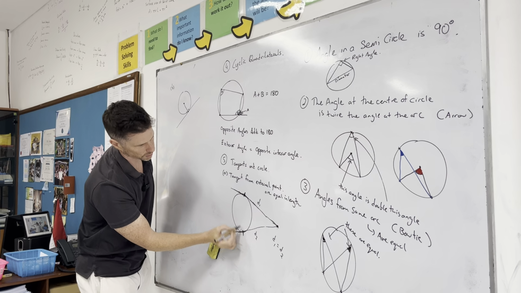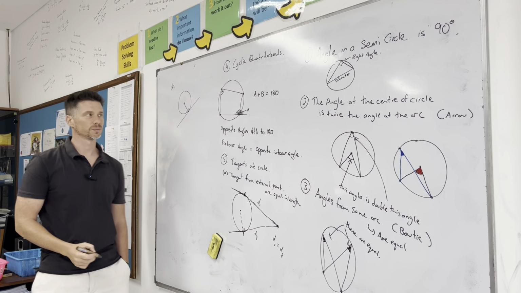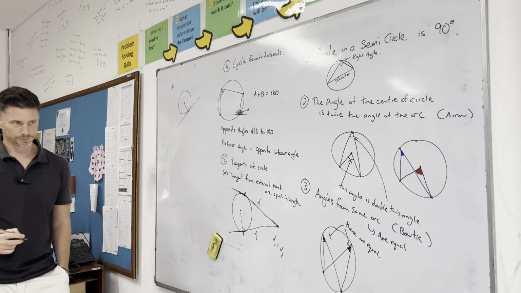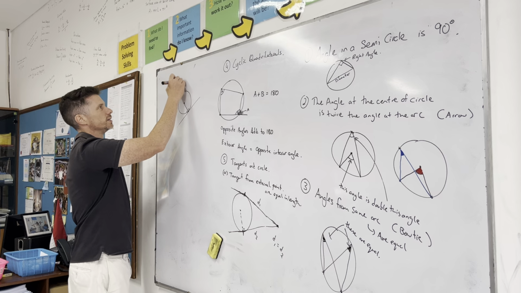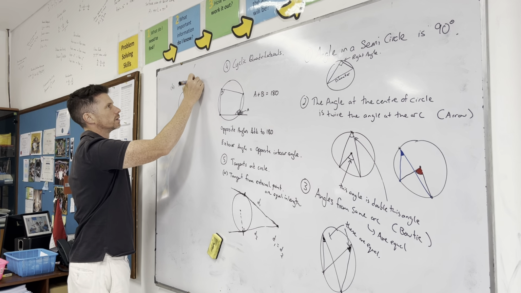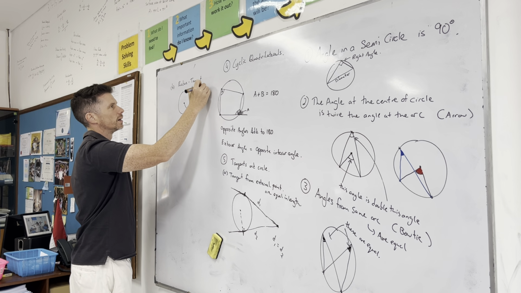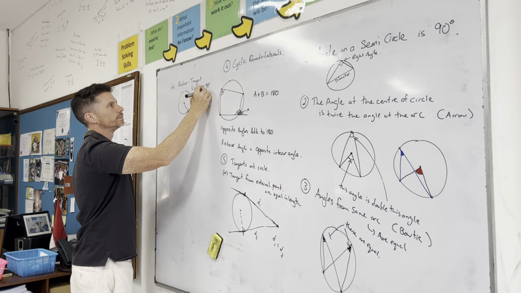So if I drew a line here to the center, this line is at a right angle. So this is called the radius tangent. It creates a 90-degree angle.